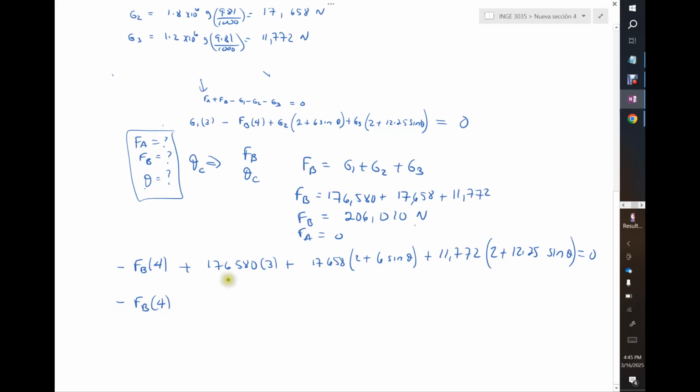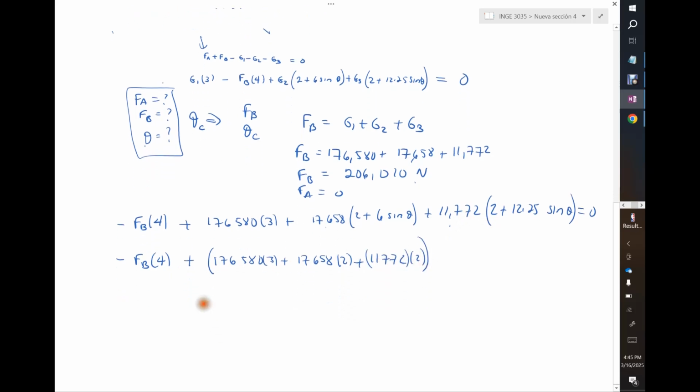Now everything that is a number, you can have it like plus parentheses 176,580 times 3 plus this times this plus this times this, close parentheses, and then anything left is the part that is with the sine.